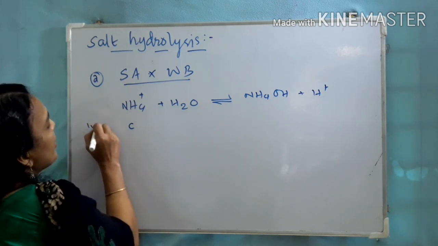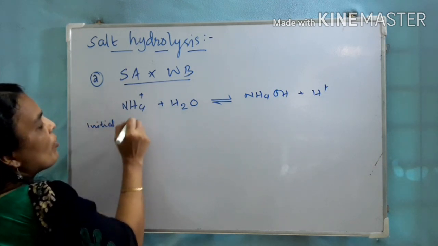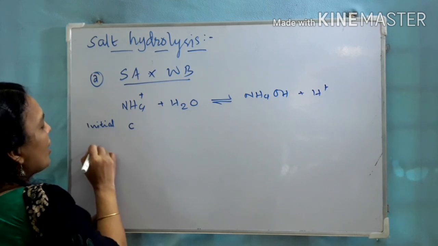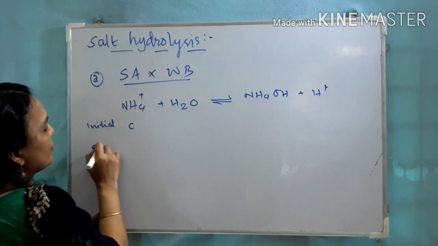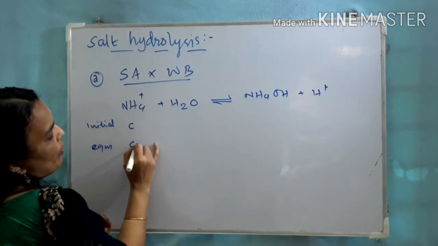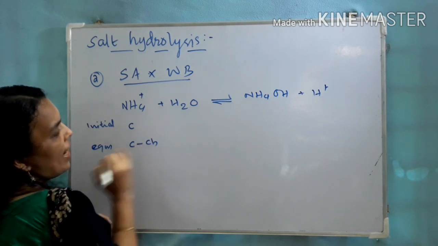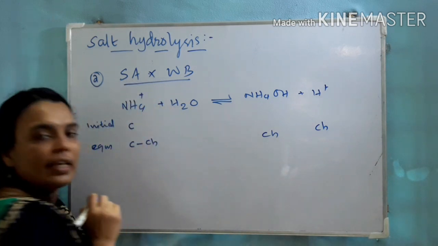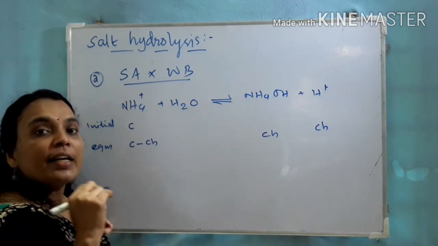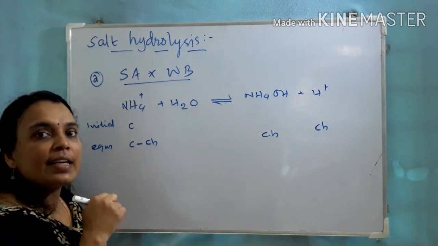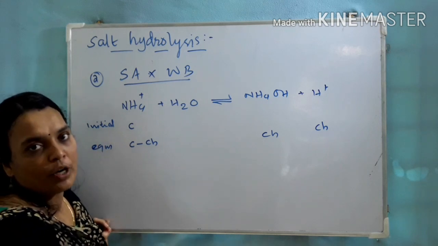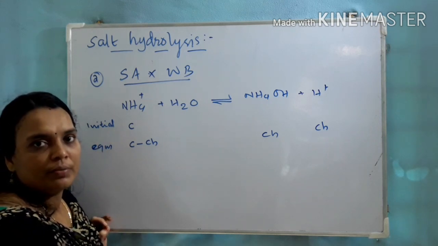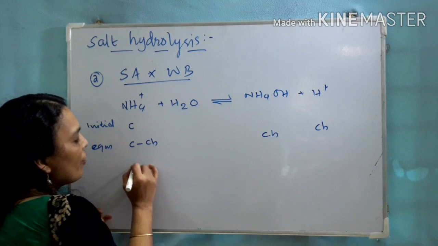So initially the concentration of ammonium ion is C and at equilibrium the concentration of ammonium ion is C minus Ch, and it is Ch and it is also Ch, where h is called degree of hydrolysis and C is the concentration of ammonium ion present in solution.